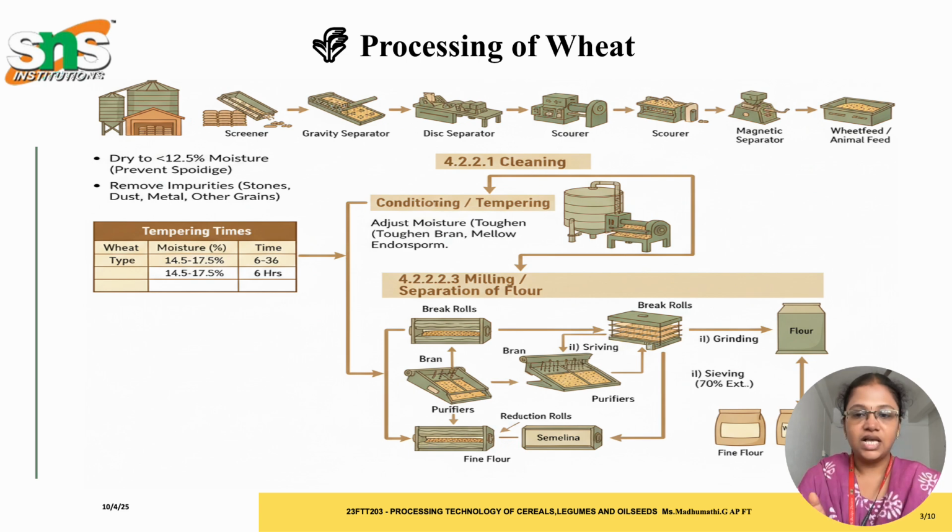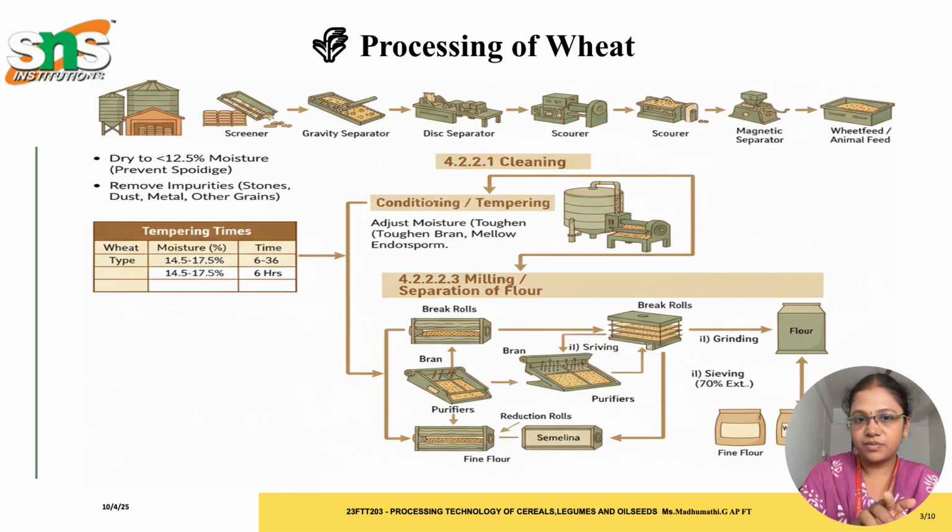So from this overall view or the processing diagram, we can see what are all the stages that are used for processing of the wheat, clearly shown in this diagram.